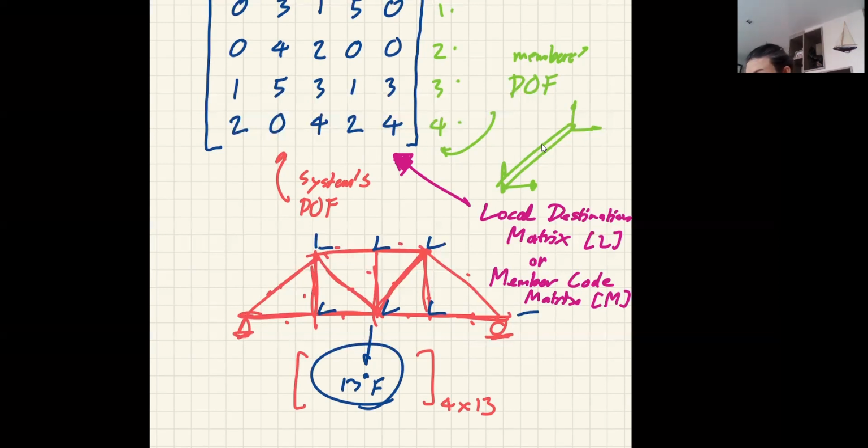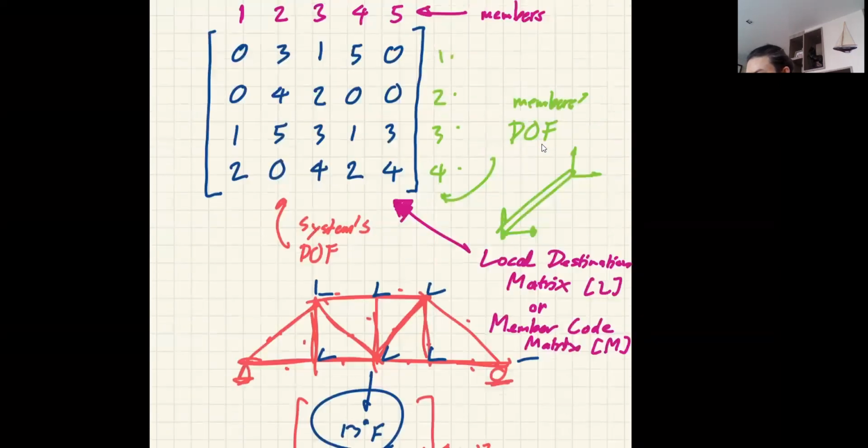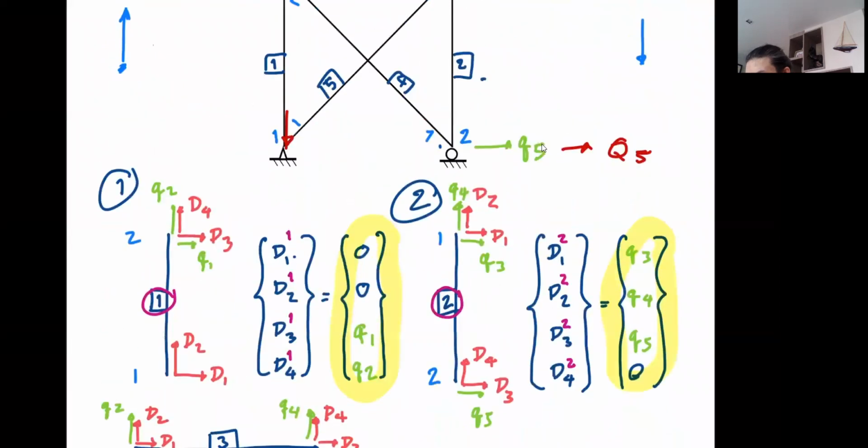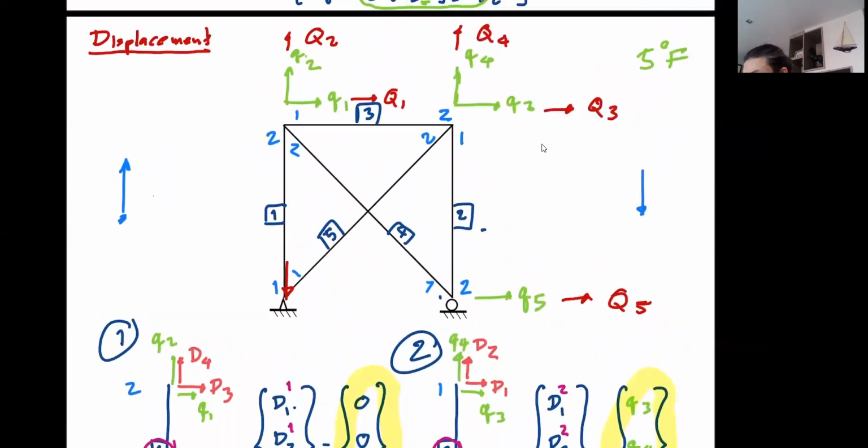Okay. And now for this, listen carefully, this is the system with 5 degrees of freedom. You see, the most important thing here is 5 degrees of freedom. So you have 5 unknowns. You have 5 possible locations that you can put the force in, and you will have 5 displacements as the answer.